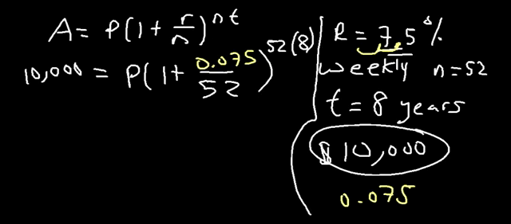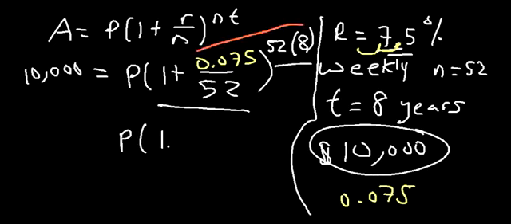So now, how would you solve for P in this problem? What I would do is first figure out what all of this is equal to. So 1 plus 0.075 divided by 52, all in parentheses, raised to the 52 times 8. It's raised to that power. And this entire expression, if you type that in your calculator, you should get 1.82133.